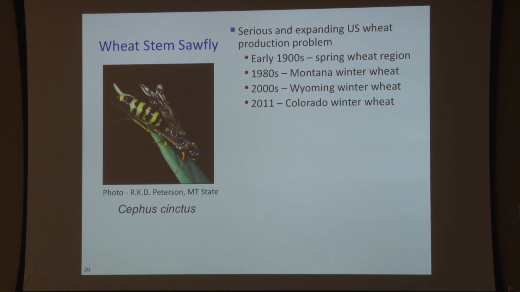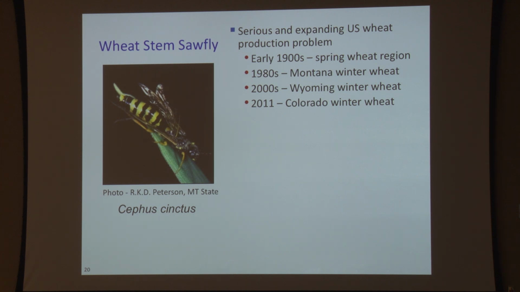It had been confined to the northern spring wheat region, but then started appearing in Montana winter wheat, moved down into Wyoming, and eventually to Colorado in 2011. I believe it's now also appeared in Kansas and Nebraska, and has really been attracting a lot of attention as a current and future need for wheat breeders to focus on.